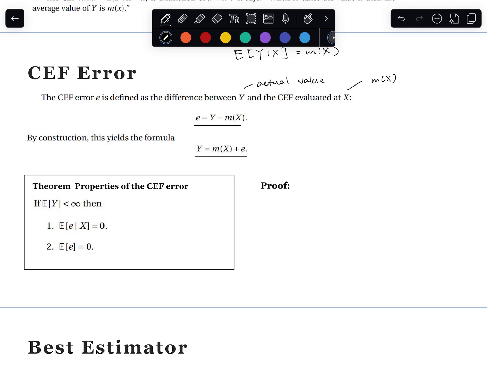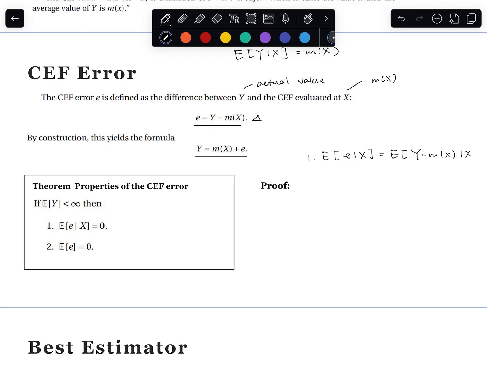And let's prove it. So for the first one, we can replace e using this one, which is Y minus m(x).